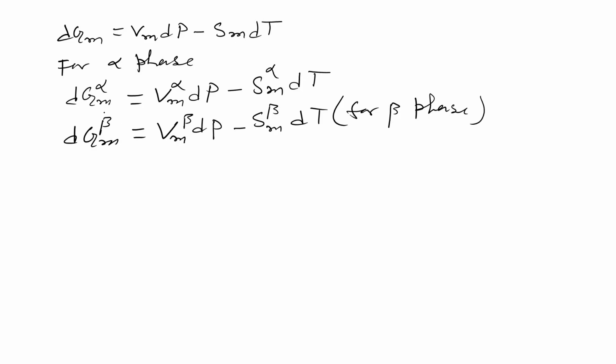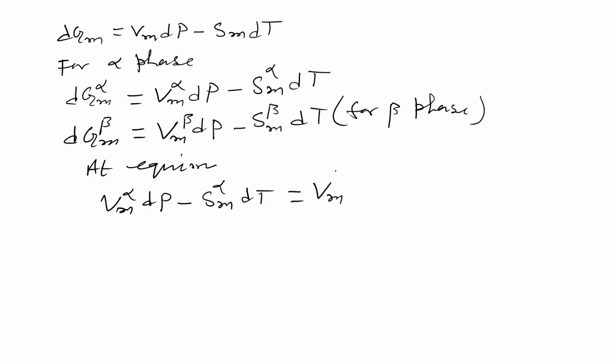Right? Now at equilibrium, this will be the same. Already I have proved that dGm of alpha phase is equal to that of beta phase. Therefore at equilibrium, Vm alpha dP minus Sm alpha dT is equal to Vm beta dP minus Sm beta dT.